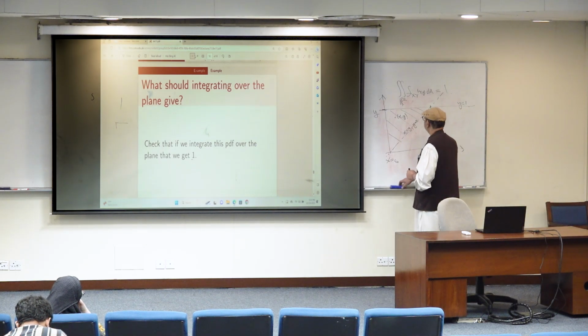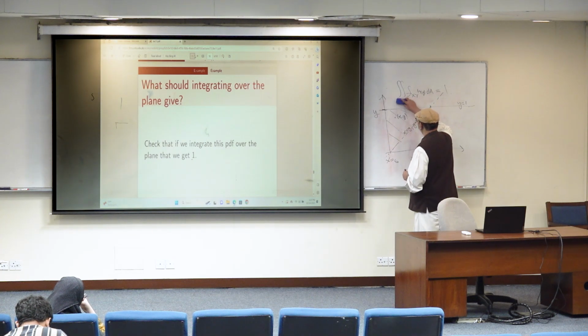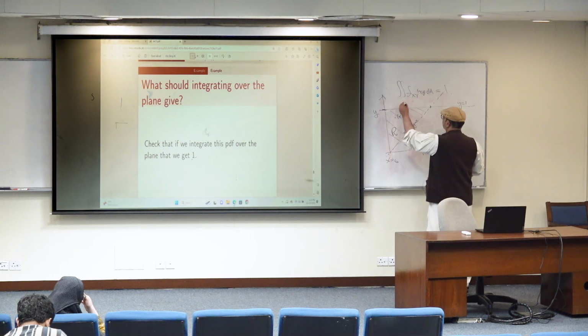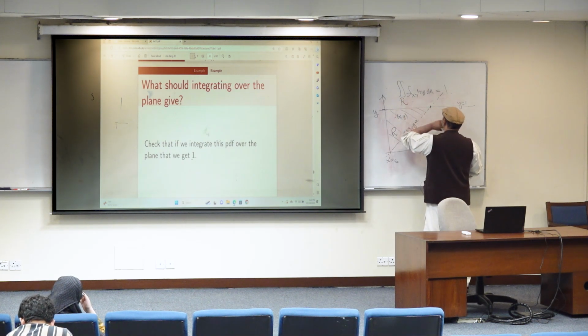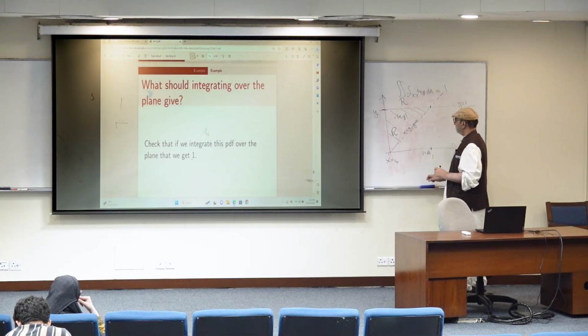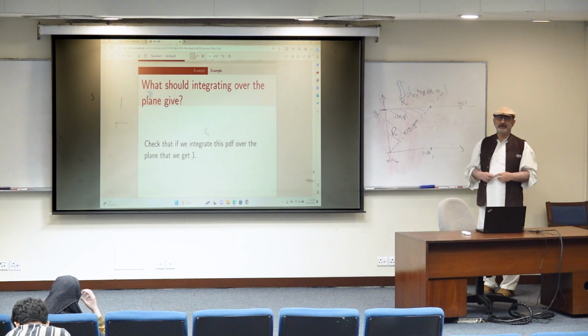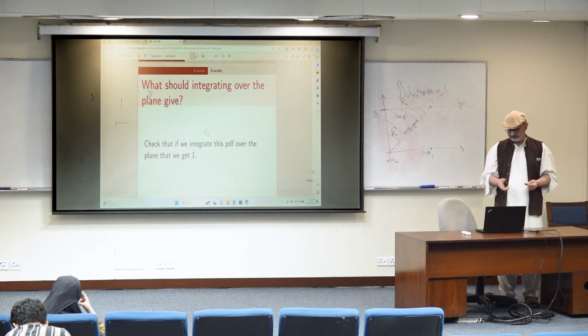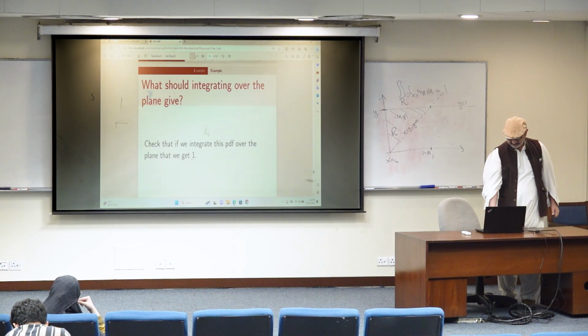So if I call this triangle R, then integrating over R should give me 1. Let's check and see if we're actually going to get that.